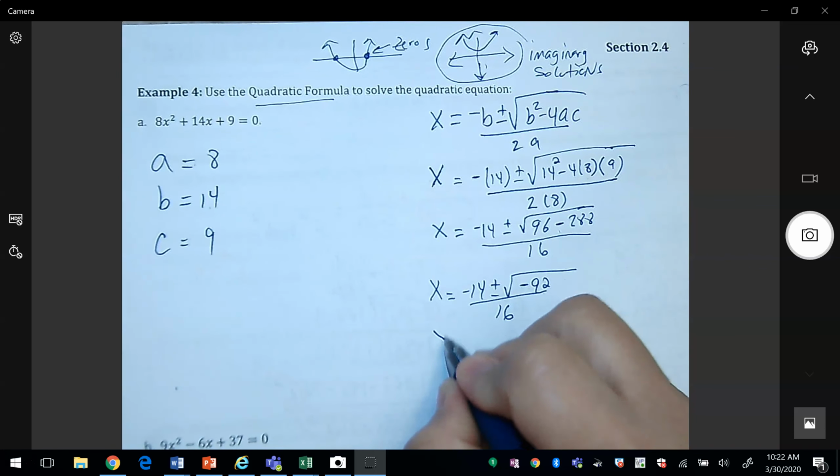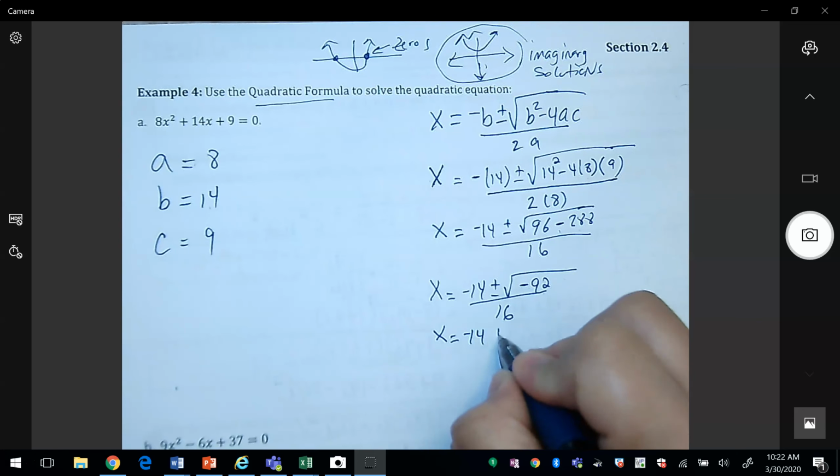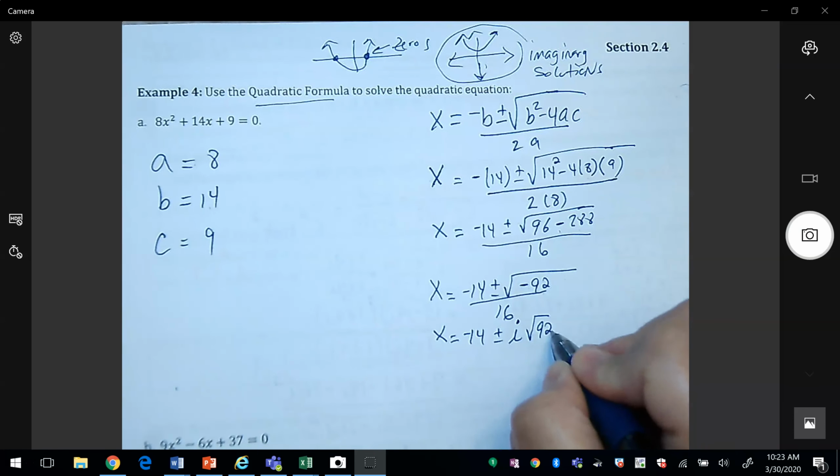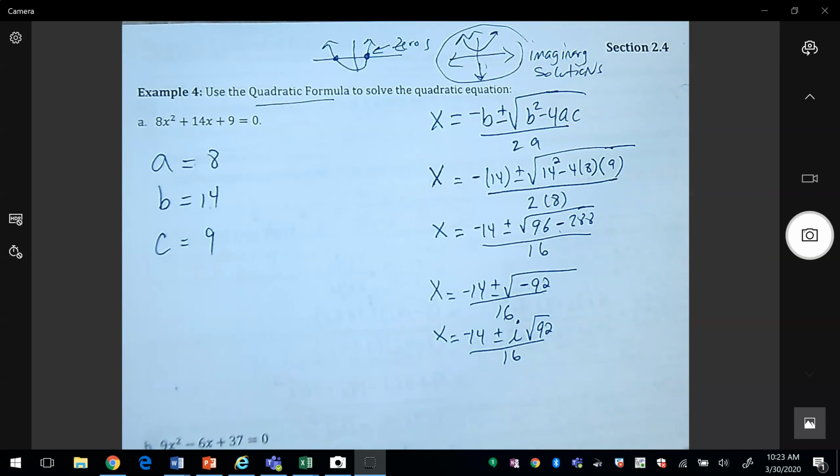So if we simplify, the negative will come out as an i, square root of 92, divided by 16.